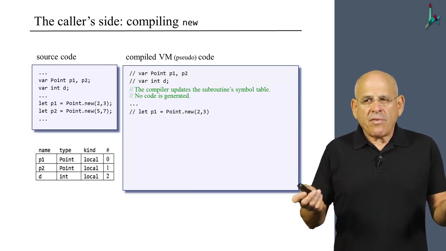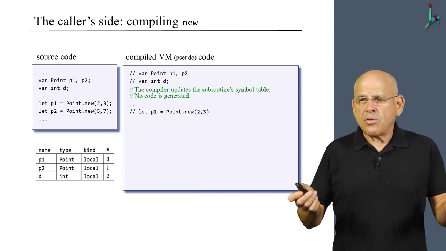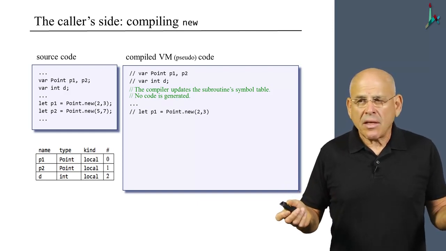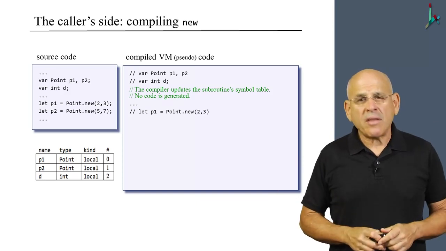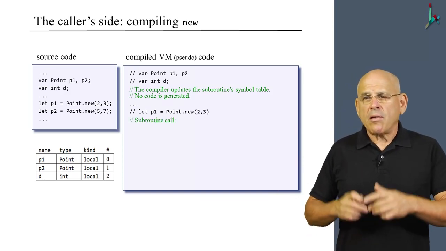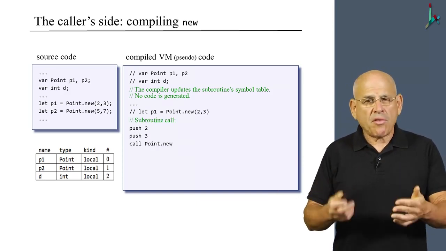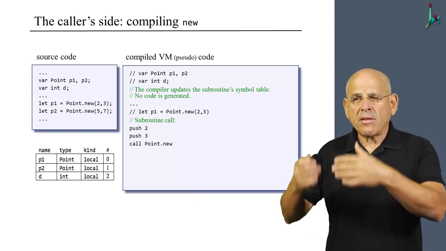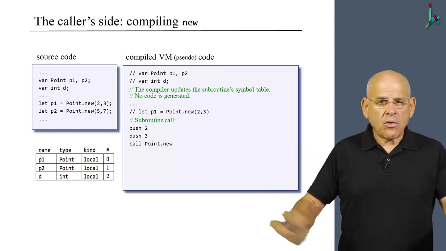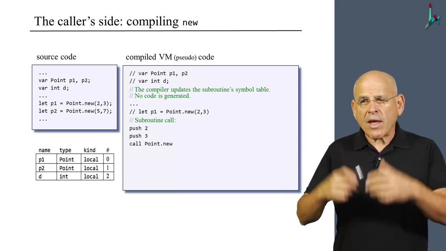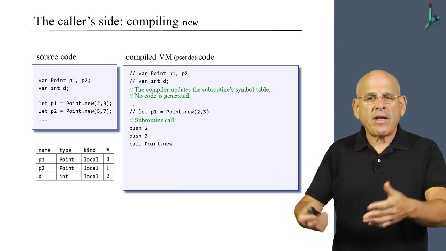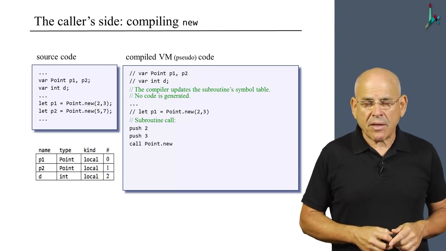Well, what we have is just a call to some subroutine. So we can handle it just like we handle any subroutine call in the VM language. We can push the two arguments, 2 and 3, and call point new to execute its magic, whatever magic it may be. So we are calling the subroutine for its effect, so to speak.